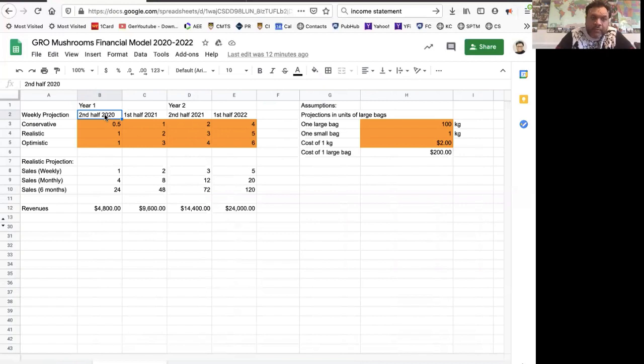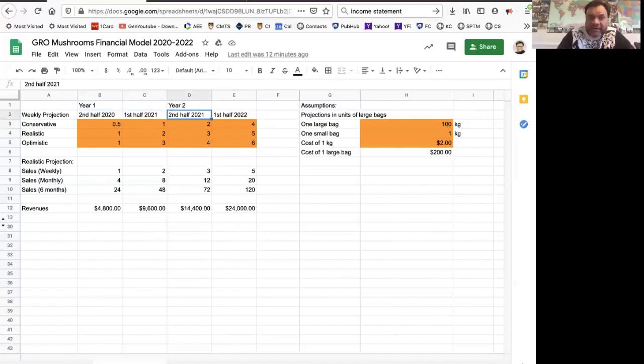We said that if we take a conservative approach, we can sell about half a bag of mushrooms in the second half of 2020. So we broke up our time into 4 durations of 6 months each. So year 1, which is second half of 2020, first half of 2021.